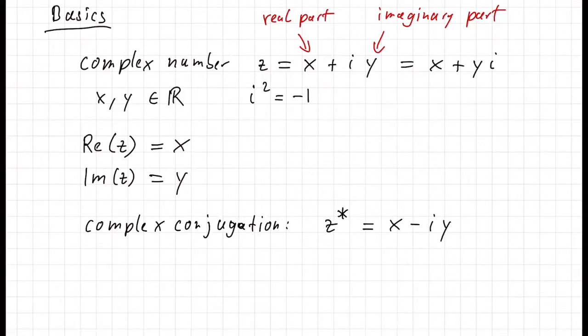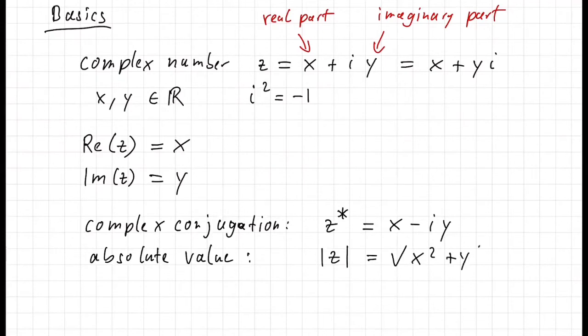A second thing that we can define for this complex number is the absolute value. That is defined as the absolute value of z equals the square root of x squared plus y squared.